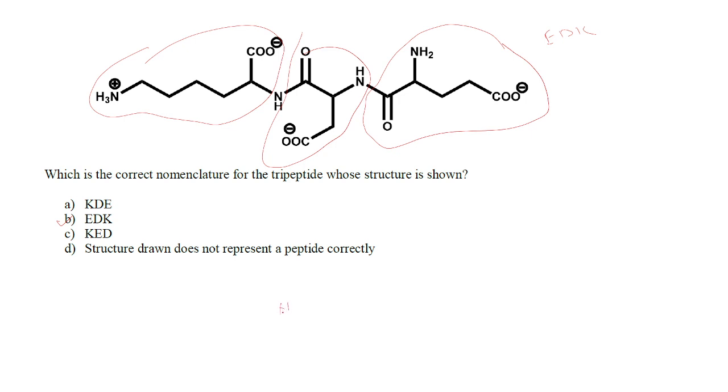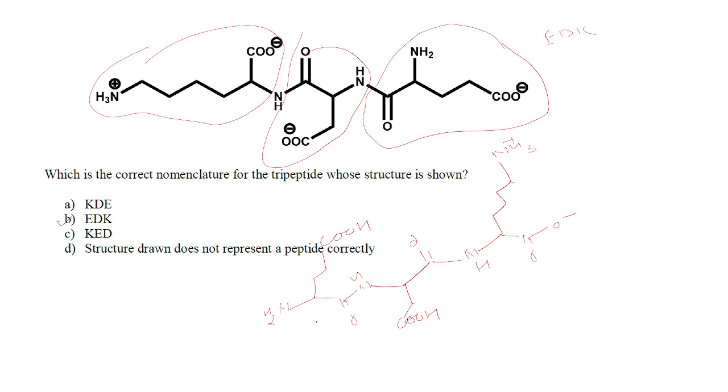It should be drawn as COOH, CO, NH, again COOH, then CO, NH, again, then NH3 plus at one end and COO minus at the other.